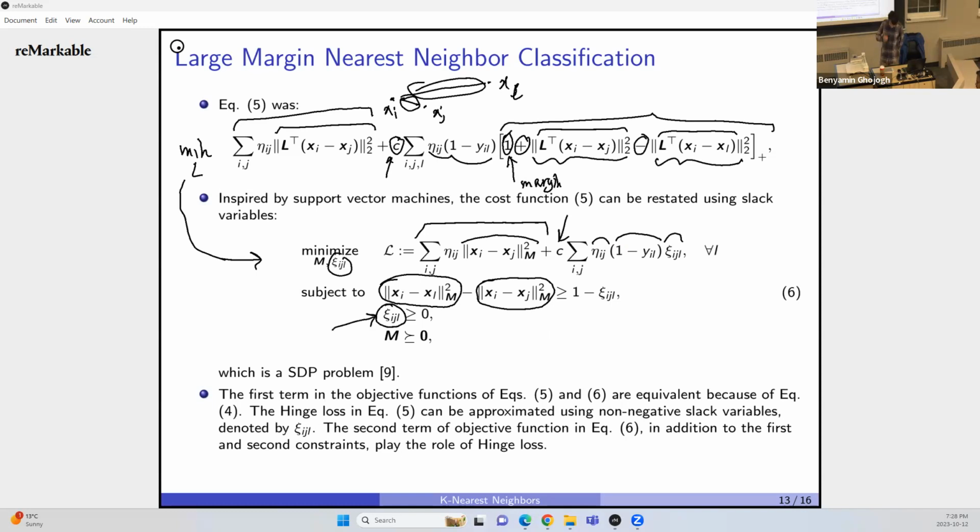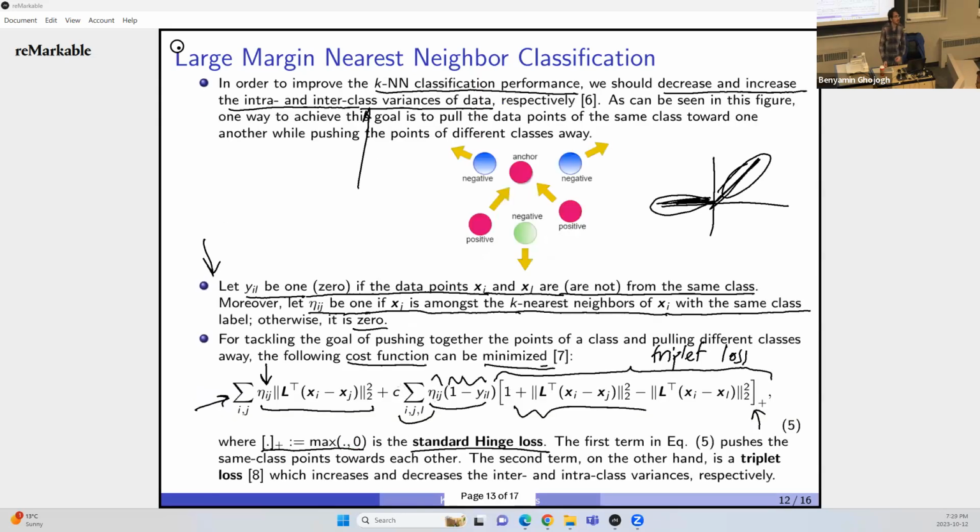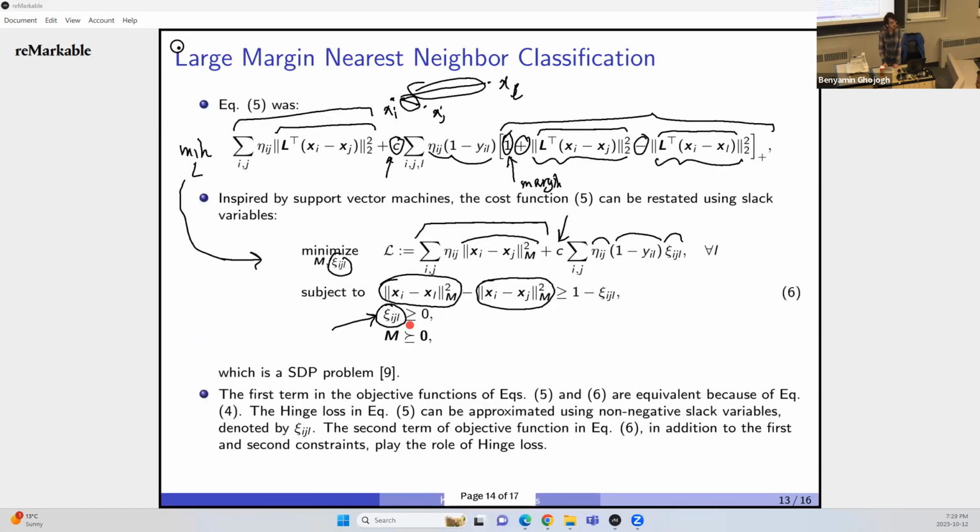What does this mean? This constraint is because I replace this triplet loss with zeta ijl, and I know that according to the standard hinge loss, it is non-negative, right? The standard hinge loss is the maximum of something and 0. It never becomes negative. So I need to add this constraint. It needs to be non-negative. Also, I know that M, according to what we discussed, needs to be positive semi-definite in generalized Mahalanobis distance, right? Now let's talk about the first constraint.